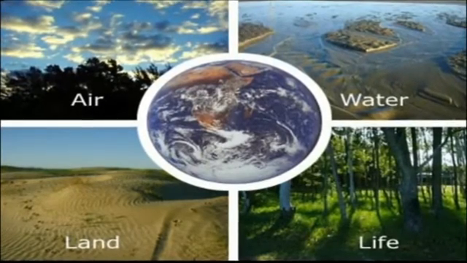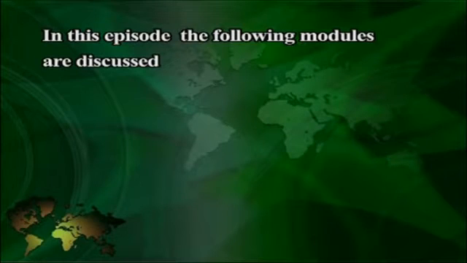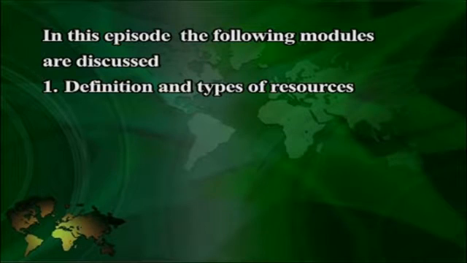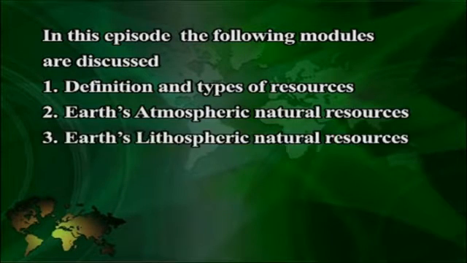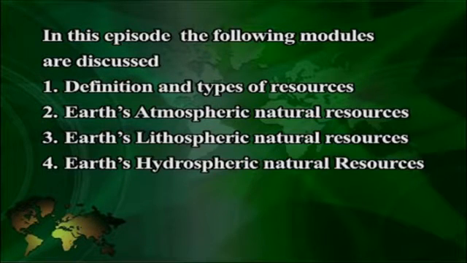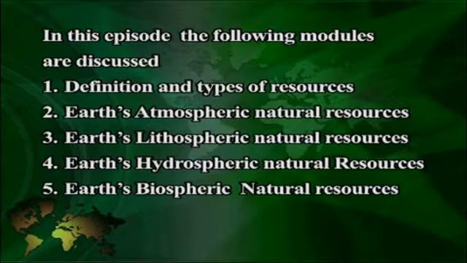These are the natural resources of the planet Earth. In this episode, the following modules are discussed: definition and types of resources, Earth's atmospheric natural resources, Earth's lithospheric natural resources, Earth's hydrospheric natural resources, and Earth's biospheric natural resources.